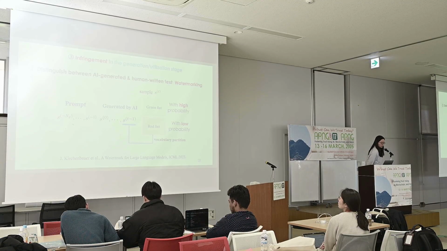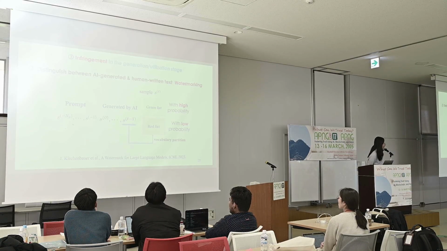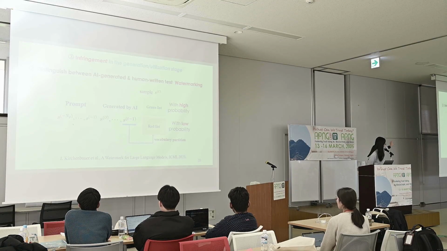Another way to distinguish AI and human is using watermarking. So what is watermarking here? Actually, this watermarking is kind of like you watermark each token by color. What does it mean? For example, the AI generates tokens word by word. When you generate the next word, we can separate the words into two lists. One is a green list and one is a red list.